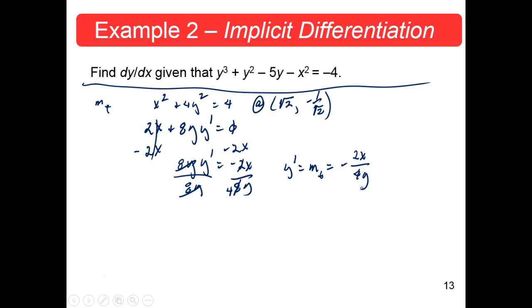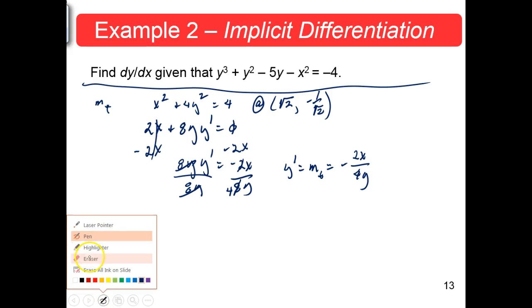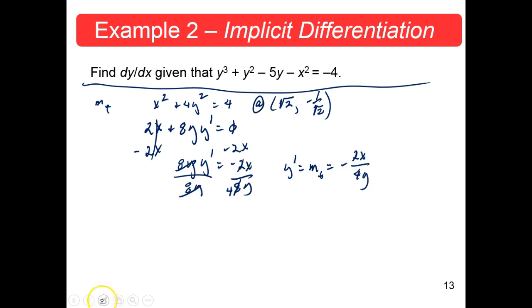And it's pretty obvious from that expression that y can't be... Minus x over 4y, I simplified the 2 and 4.